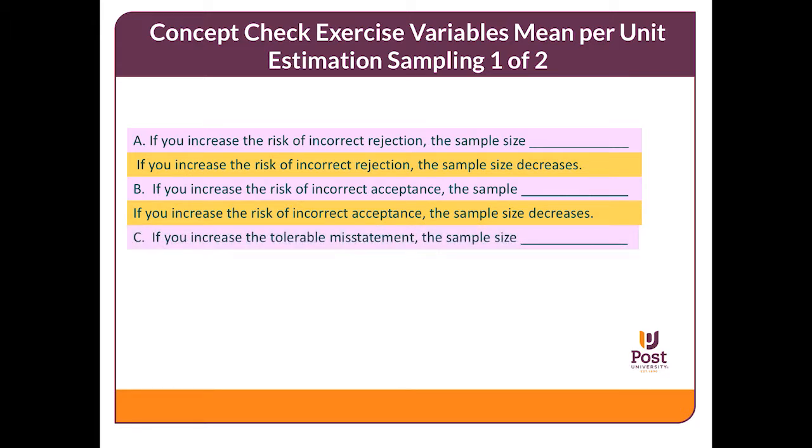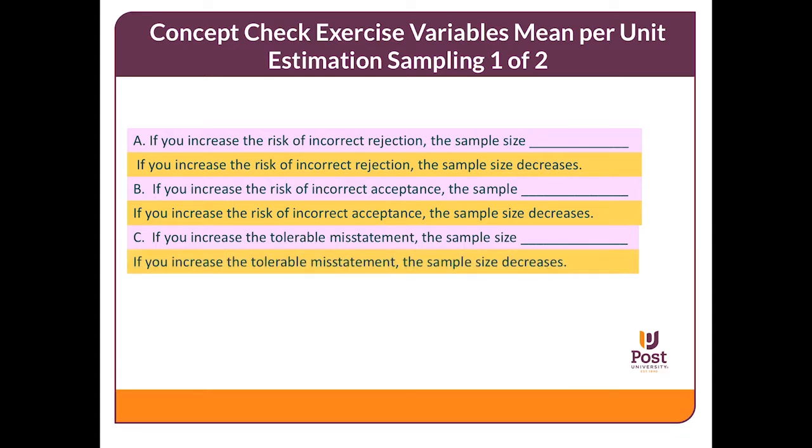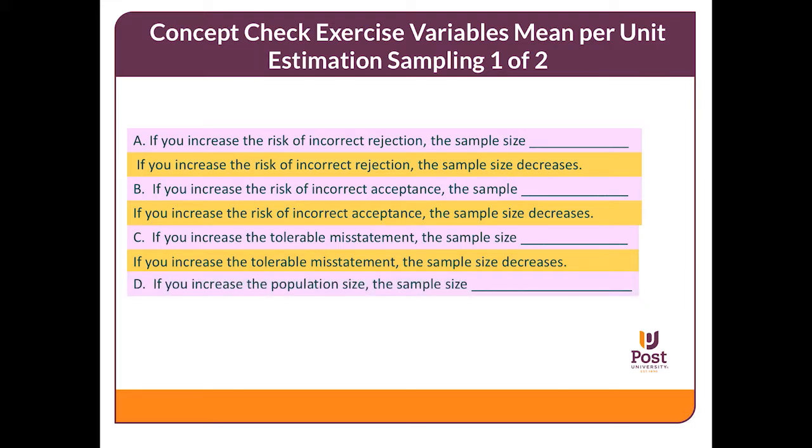C. If you increase the tolerable misstatement, the sample size. If you increase the tolerable misstatement, the sample size decreases. D. If you increase the population size, the sample size.